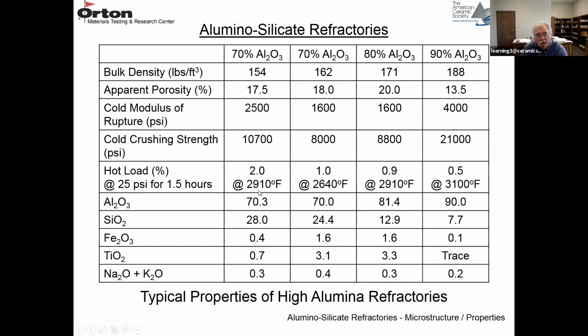And you can see now the hot load temperatures are run at a higher temperature, 2910. This one's still 2640. And this is 2910, and this is 3100 F. So you can see what the deformations are. The lower deformations in the higher purity materials. And then these alumina levels correspond to 70, 80, and 90%. The balance is primarily the silica.